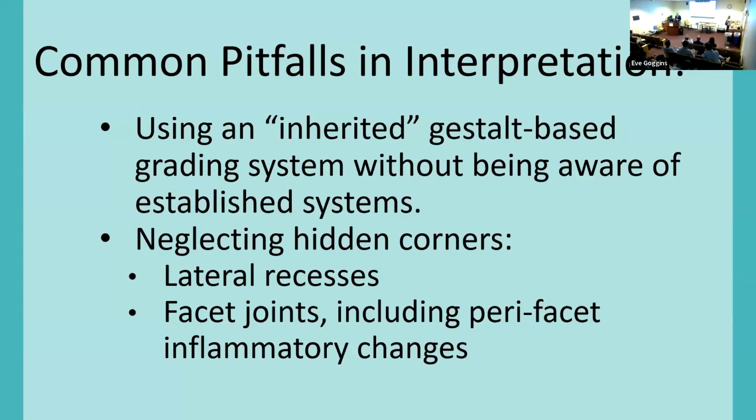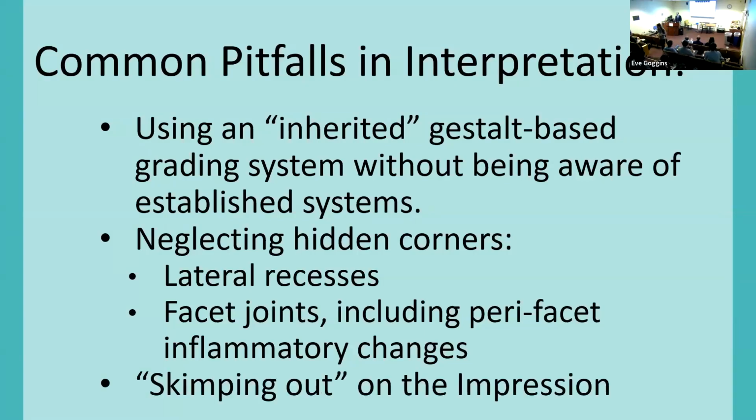So that's a hidden corner for many radiologists, especially starting out. And the second thing that radiologists often overlook is inflammatory changes of the facets. You only get one fluid-sensitive sequence on a routine lumbar spine MR, that's the sagittal STIR.